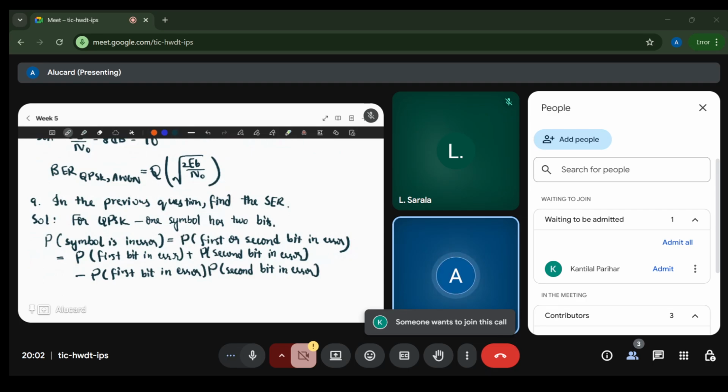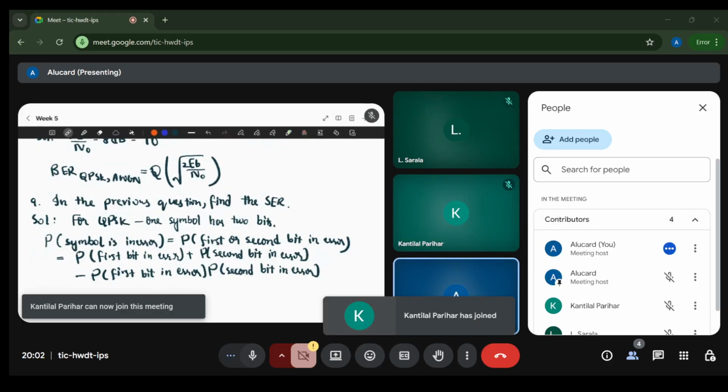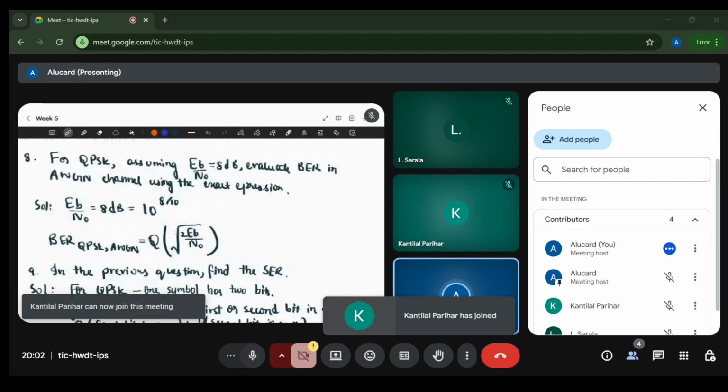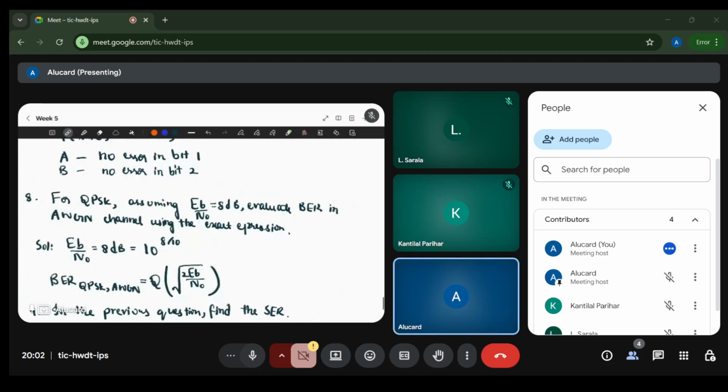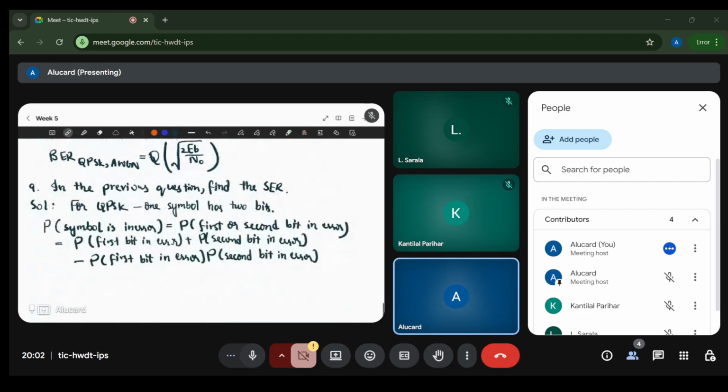Because we are assuming that errors in each bit are independent. So, like I told in one of the previous questions, for independent events, the probability that both events happen is the product of the probability that each of the events happens.